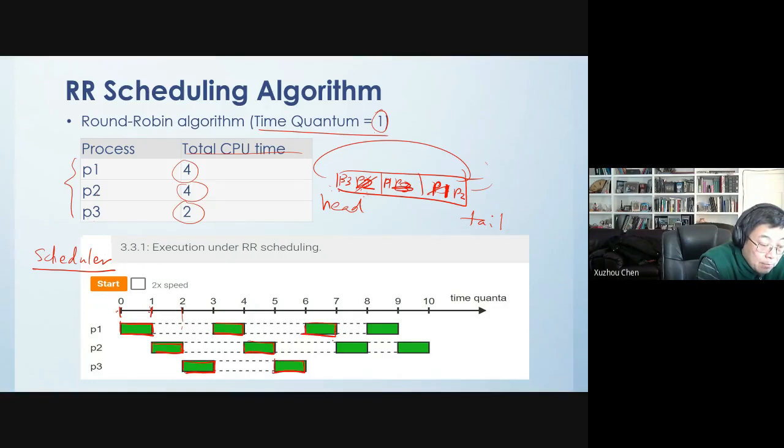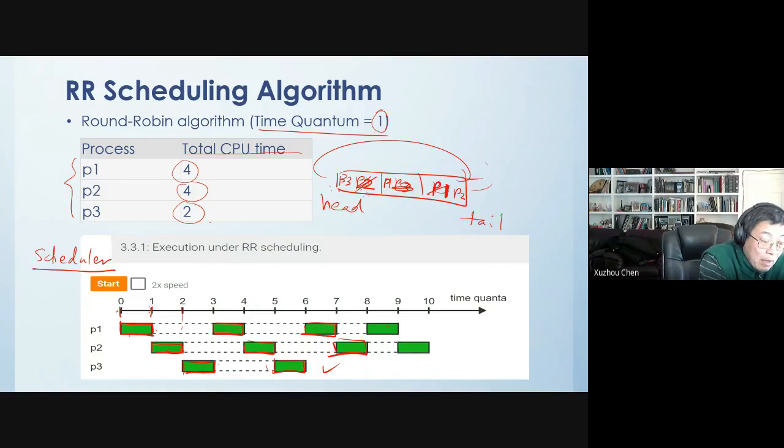Process 3 requires only 2 time units, so after 2 rounds, process 3 finishes its job, while processes 1 and 2 have to run for 4 rounds and then finish.